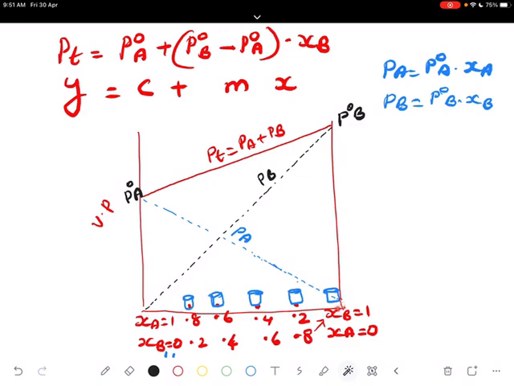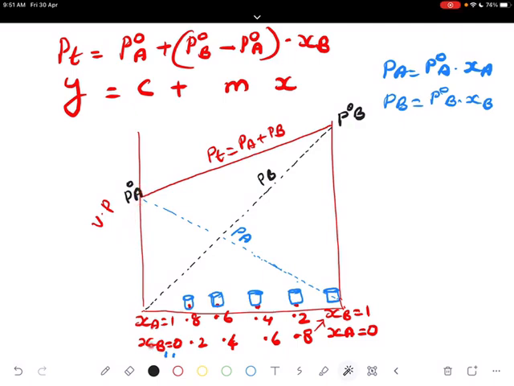Similarly, at this point only P naught B is there. When we come here, XB is 0. That means that component is not there, so the vapor pressure due to that component is 0. Now here only XB is there, that means that is a pure vapor pressure. Here only XA is there, that means its vapor pressure is the pure vapor pressure.